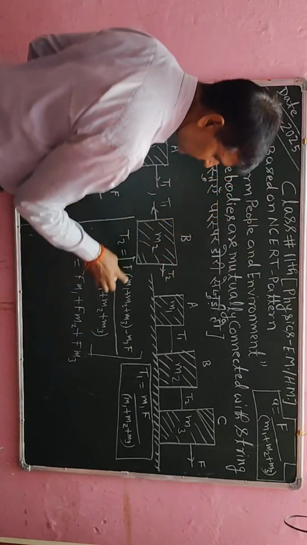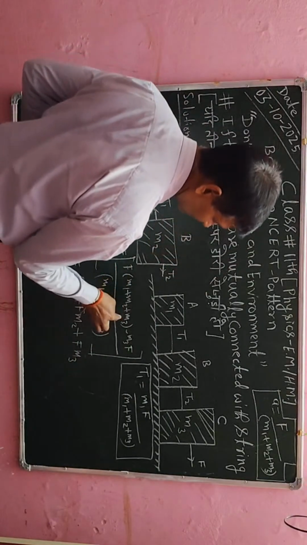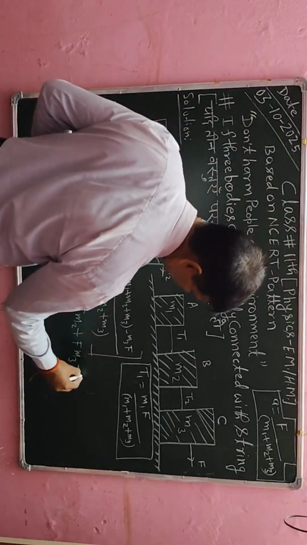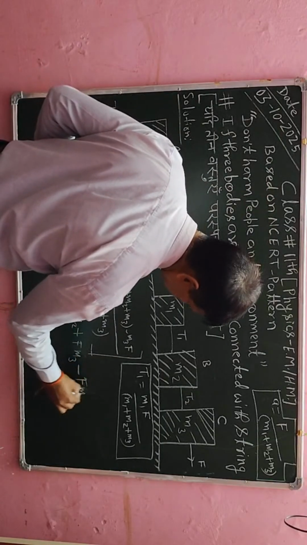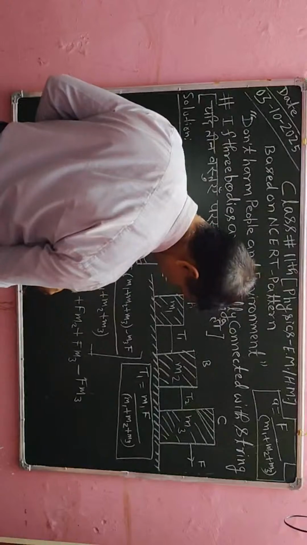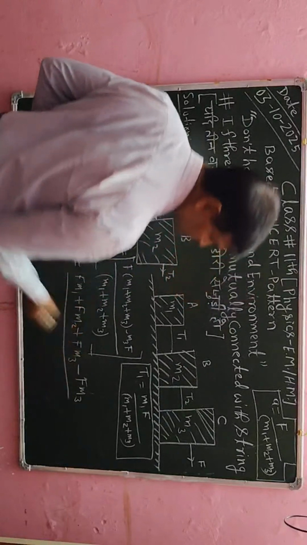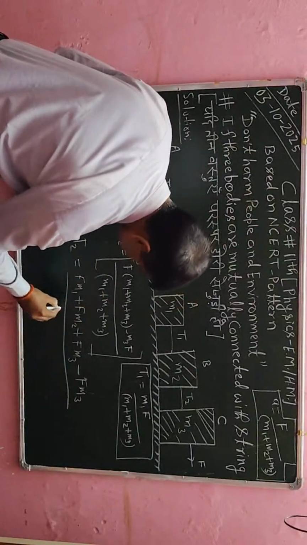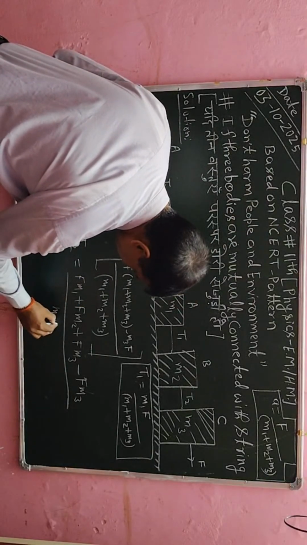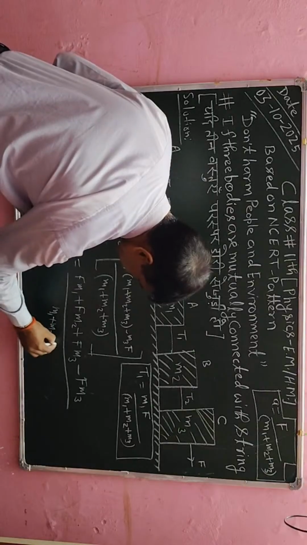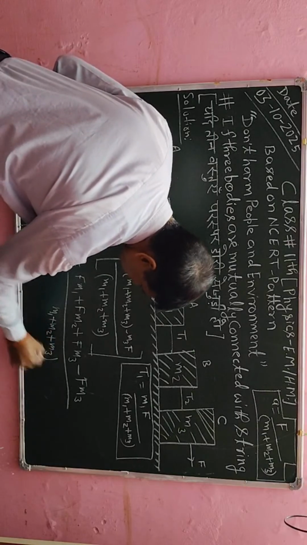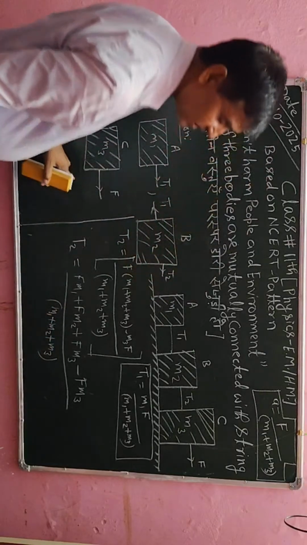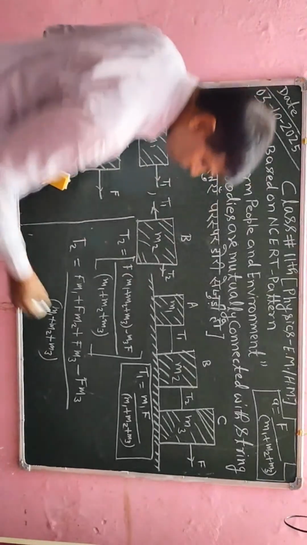Now F is multiplied with M1, with M2, with M3. So I have written that, and here will be FM3. Now in the denominator, these are the values of the numerator. Now in the denominator I have to write the sum of all these three masses, M1 plus M2 plus M3. Okay students, if you have any doubts, you can ask in the comment section.